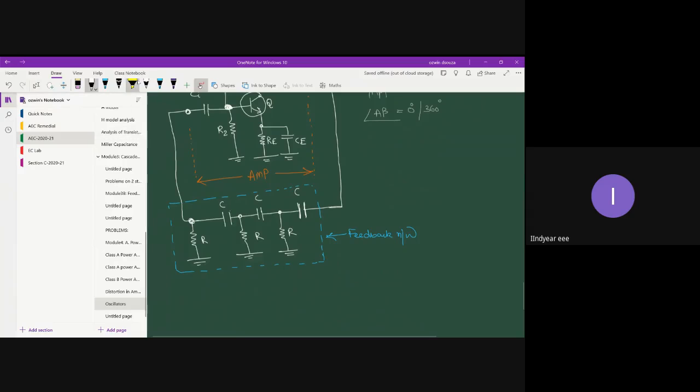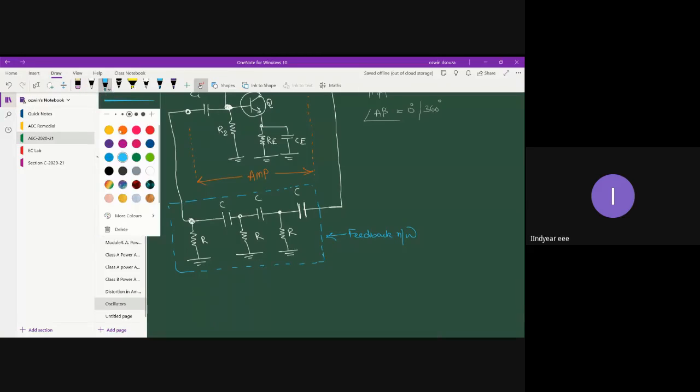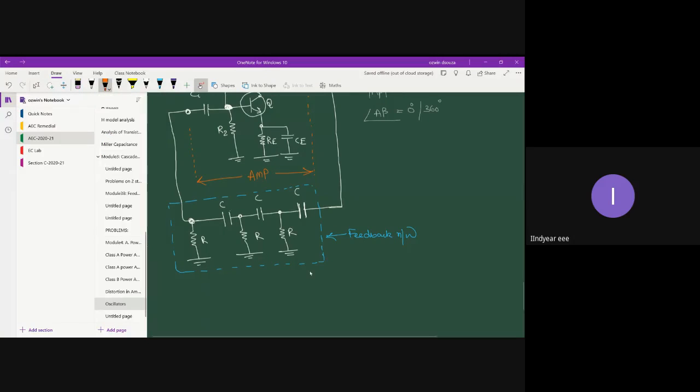If you can get a further 180 degree phase shift from the feedback circuit, the total phase shift, that is the angle of A beta, becomes 180 degree plus 180 degree, that is 360 degree, which is considered as 0 degree.